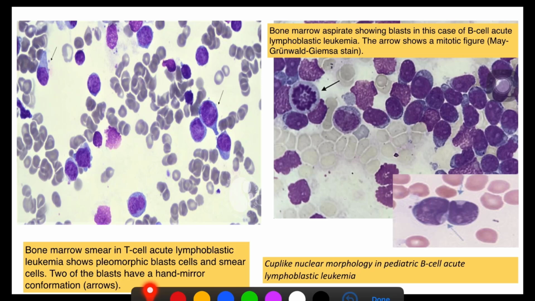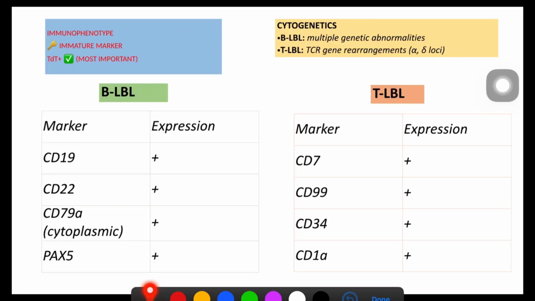And sometimes in pediatric B-cell acute lymphoblastic leukemia you can identify this cup-like nuclear morphology. So here it is hand mirror appearance, here it is cup-like nuclear morphology.